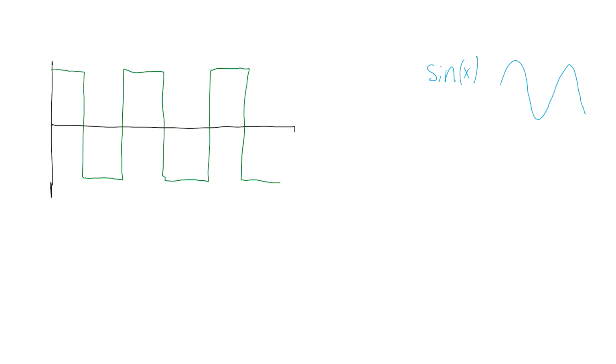We can have a cos wave. It's just a phase shifted sine wave. Okay? Now, this square wave we can actually represent with a wave.